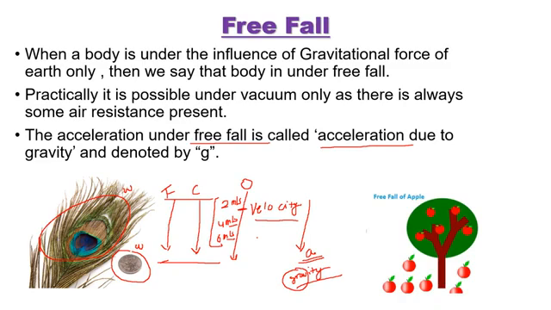And this a is now represented by small g. Children, you should be very careful, because small g represents acceleration due to gravity, and the capital G represents the universal gravitational constant. So you should be very careful, and while doing problems you should know what capital G and small g stand for. Clear? Now let's see more about acceleration due to gravity.